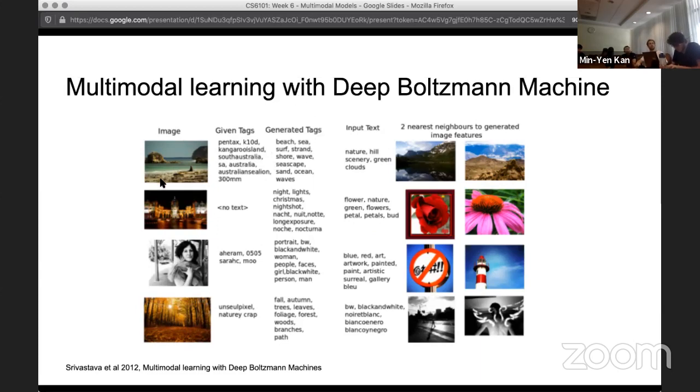In this case, they give you an image of a beach, and then you get this generated text: beach, sea, surf, strand. And this is what the user tagged the image with, in the real case. And here, the user didn't tag the image, but the computer suggested this text.